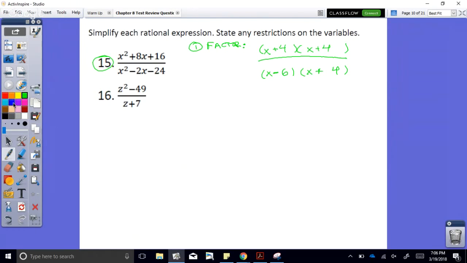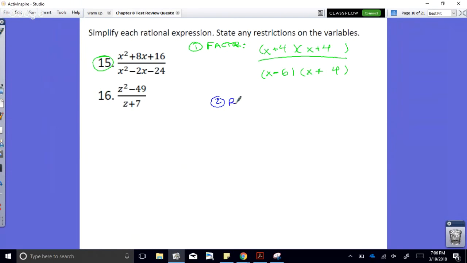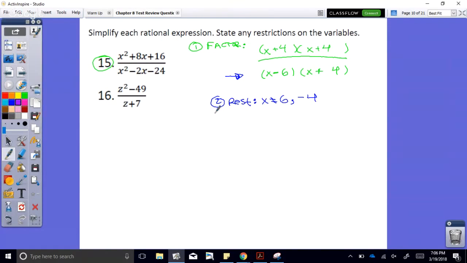The second thing we do after we factor is find the restrictions. So the restrictions, again, come from the denominator. So the x minus 6 says that x cannot be 6, and the plus 4 says that x cannot be negative 4. And then the third thing we do is write our answer and see what cancels.